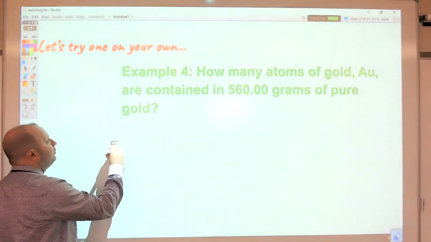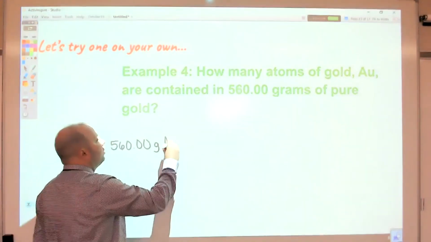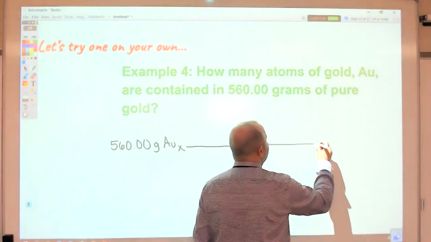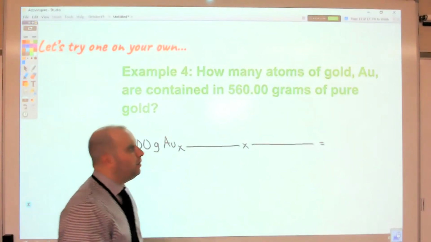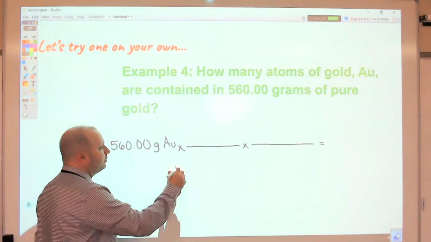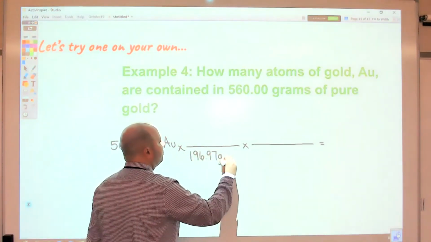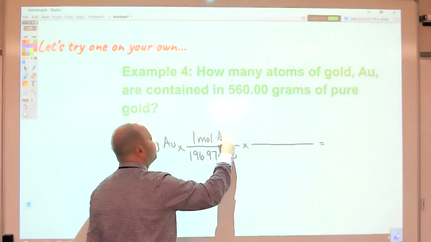We have 560.00 grams of gold times 2 conversions. The molar mass for gold, when you look it up, is 196.97. And that is the mass for 1 mole of gold.